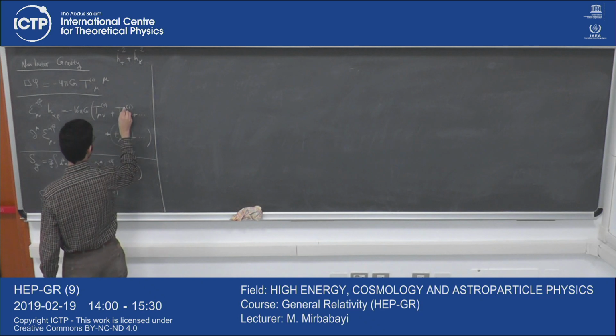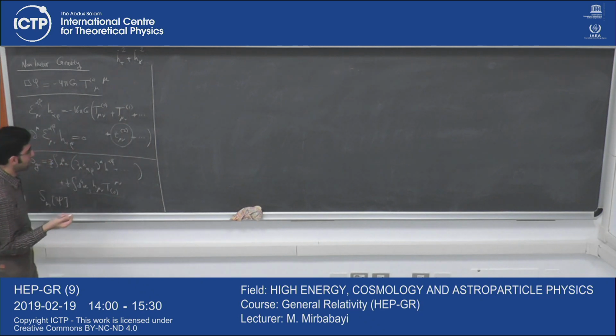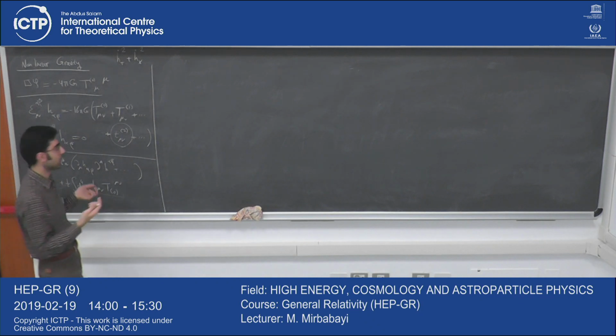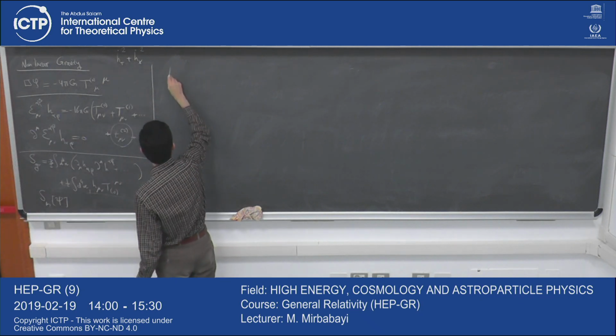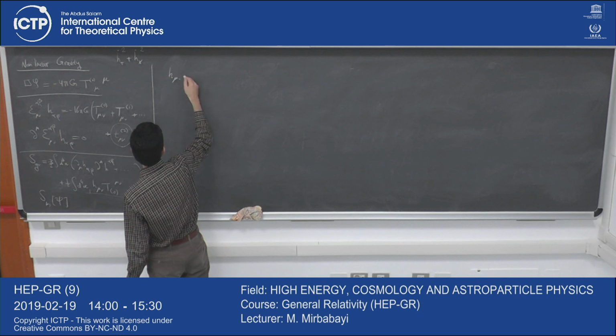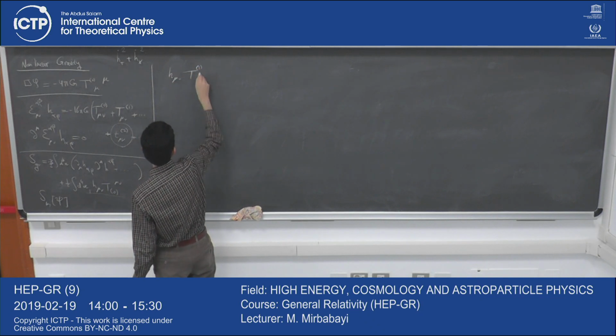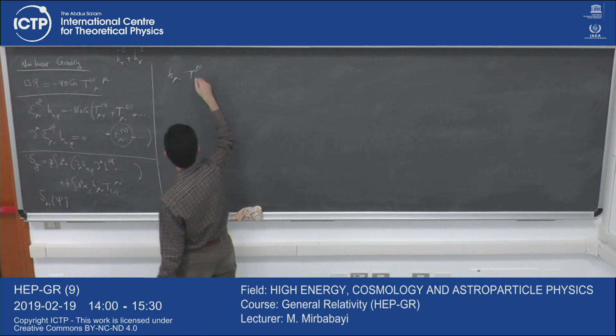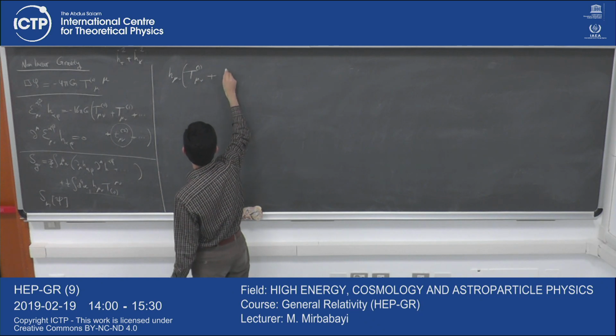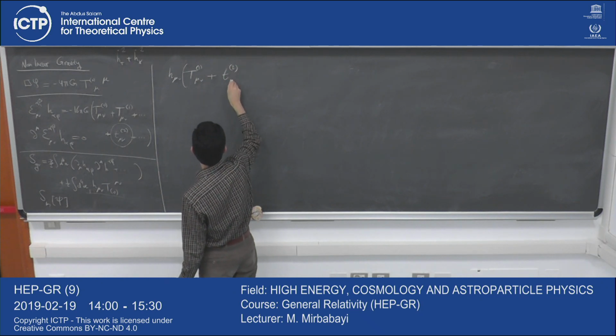So how would those new terms look like? Schematically, those new terms look like h mu nu coupled to T1 mu nu plus T2 mu nu.